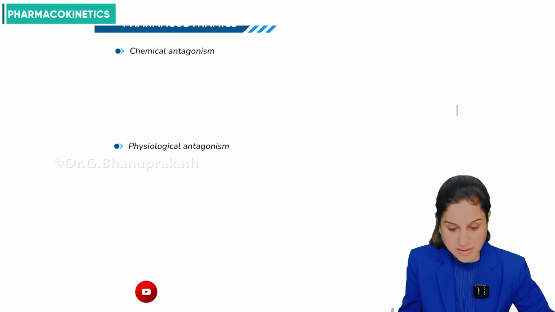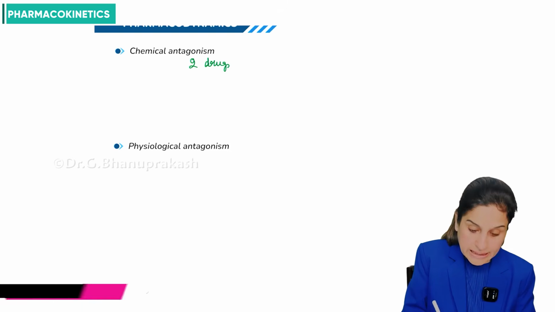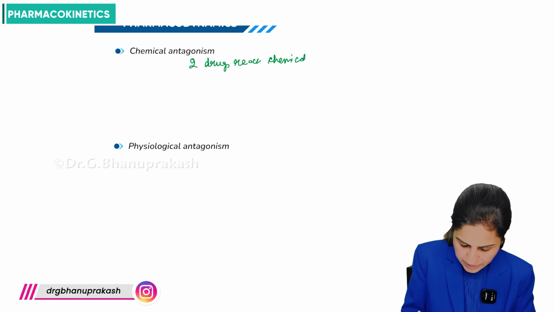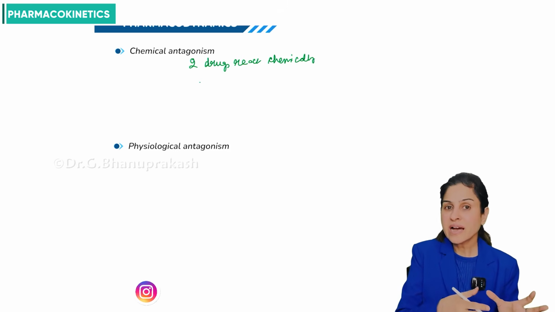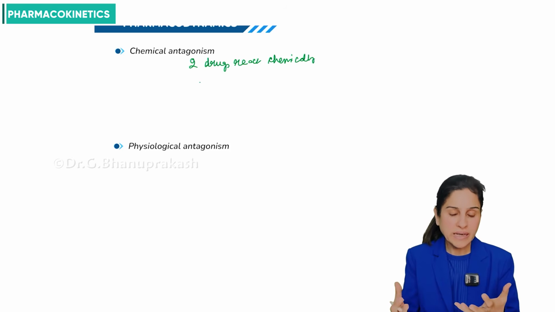Chemical antagonism means two drugs react chemically. Or a chemical agent, a drug with a chemical property will produce the effect which is of chemical nature, right?